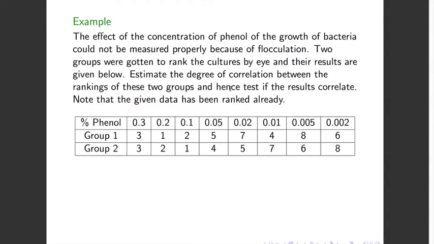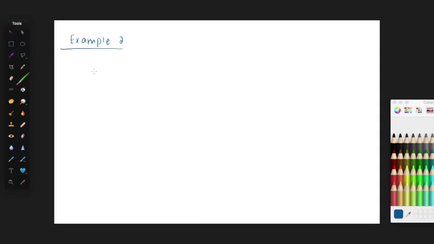So we want to do the hypothesis test on the Spearman rank correlation coefficient. So here we have example 2, and the hypothesis is now on the Spearman's rank correlation coefficient.